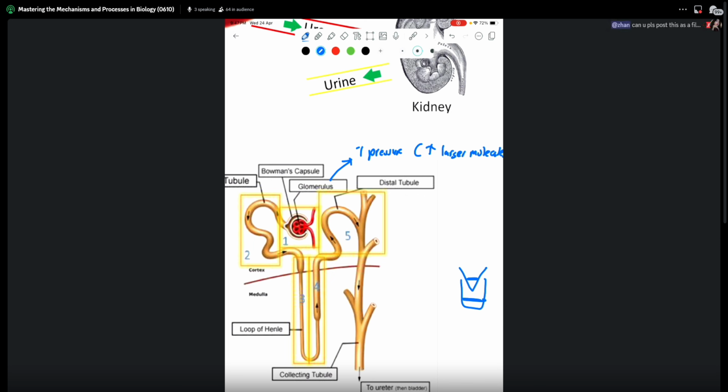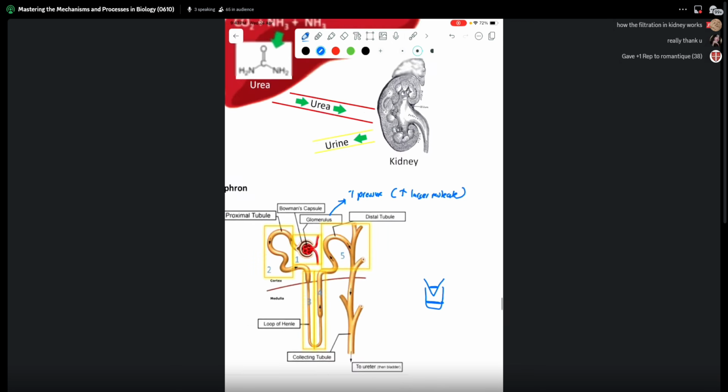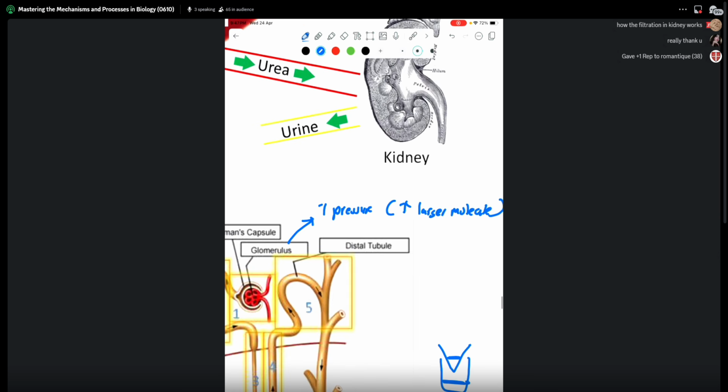So proteins, red blood cell, white blood cell, all those large molecules cannot come in. But glucose can enter the glomerulus. Please remember, the glucose can enter the glomerulus. What cannot go through is the protein, red blood cell, white blood cell.